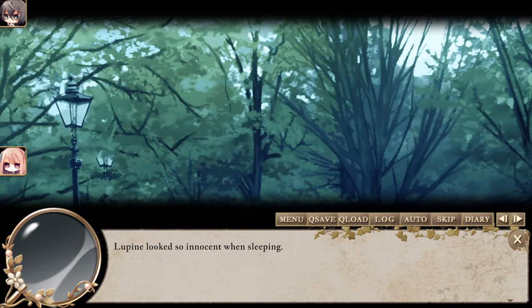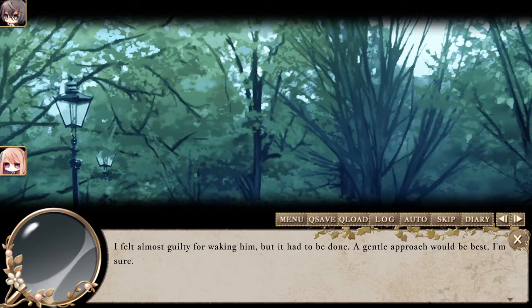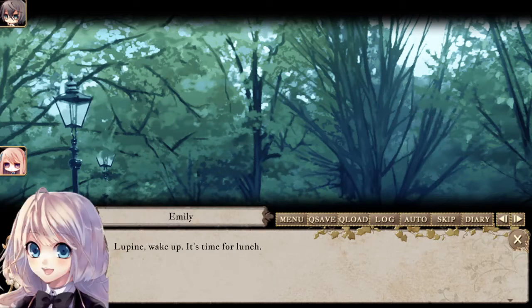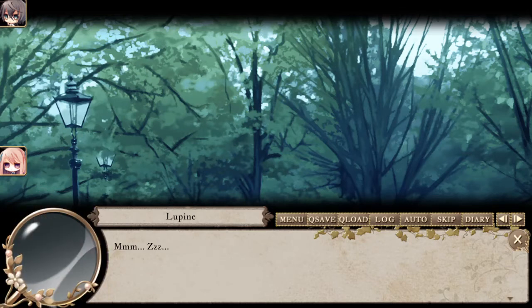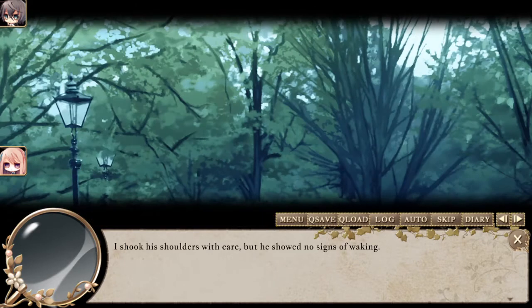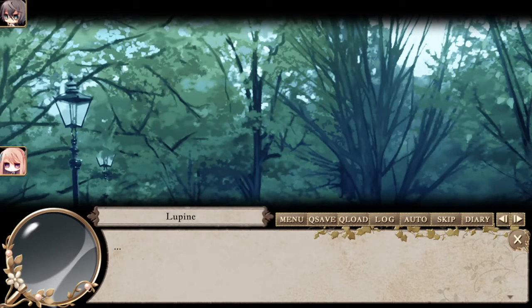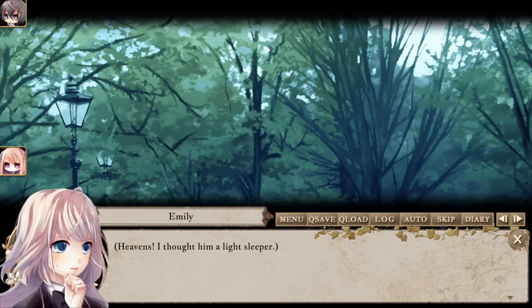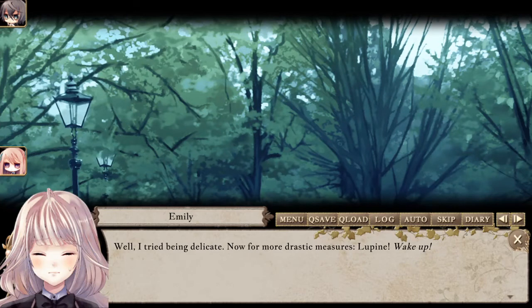Lupin looked so innocent when sleeping. I felt almost guilty for waking him, but it had to be done. A gentle approach would be best, I'm sure. Lupin, wake up. It's time for lunch. I shook his shoulders with care, but he showed no signs of waking. Heavens! I thought him a light sleeper. Well, I tried being delicate. Now for more drastic measures. Lupin!